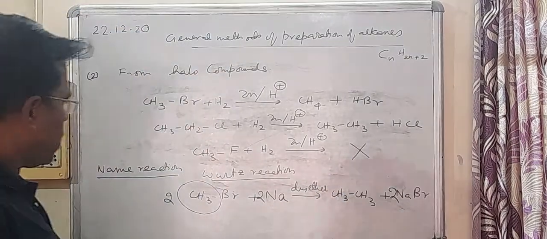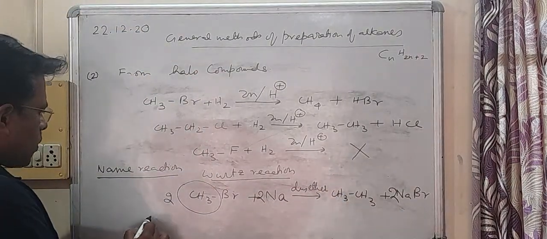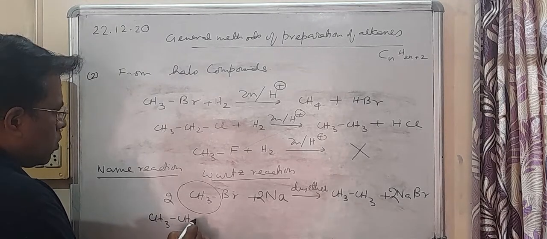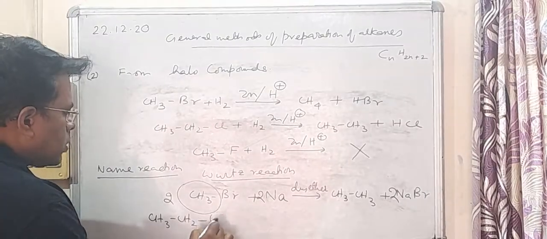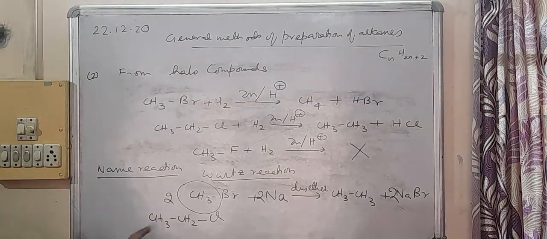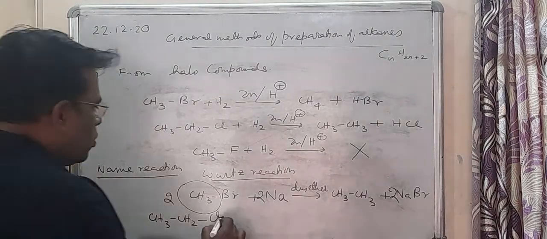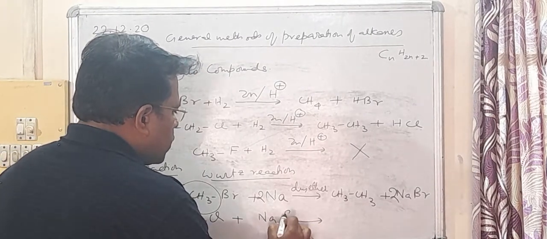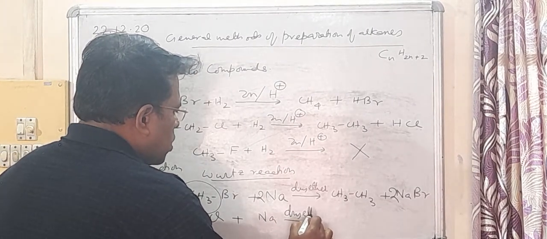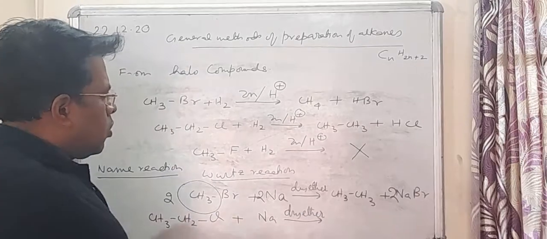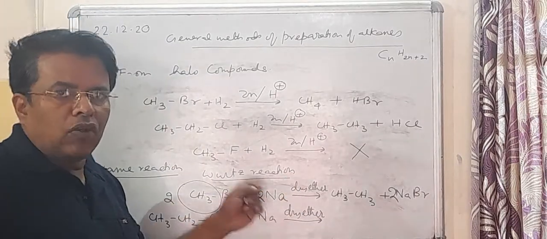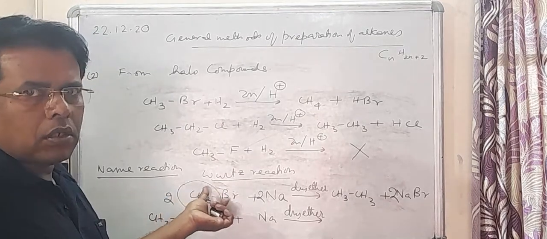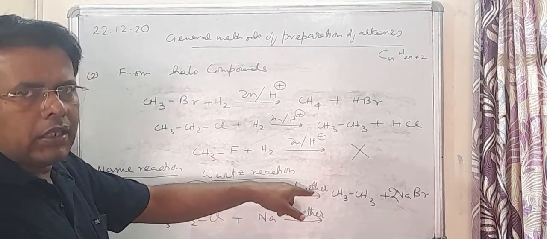I am showing you another case. Say CH3CH2Cl, chloroethane, plus sodium in presence of dry ether. You know, dry ether is used as a solvent here. This halo compound dissolves in dry ether.